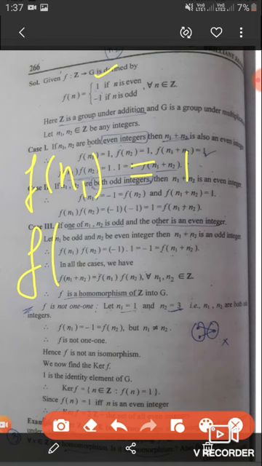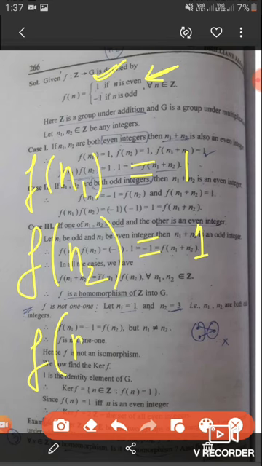The image of another even number, n2, will also be equal to 1, because the function is defined like this. And n1 plus n2 is also an even number, so its image will also be equal to 1, because function f is defined like that.